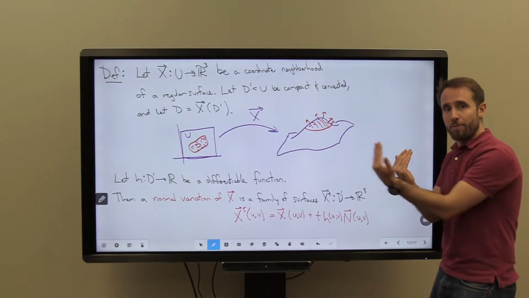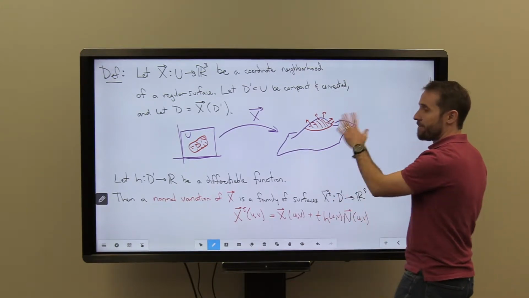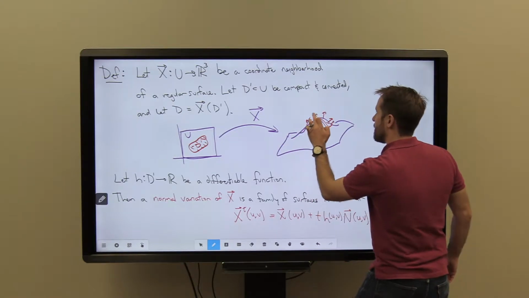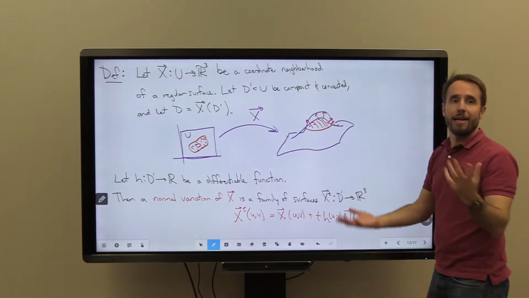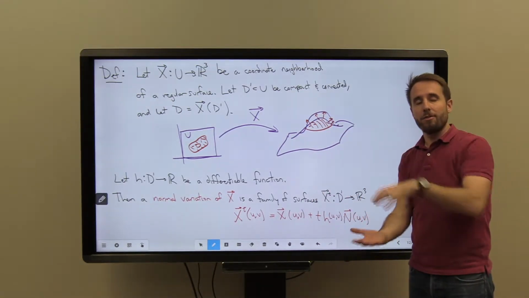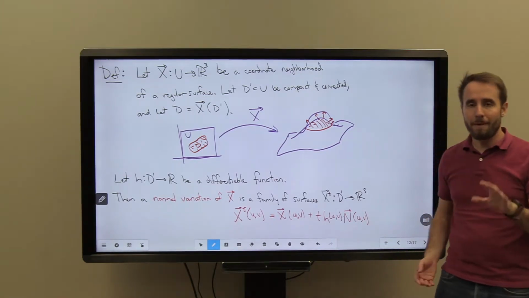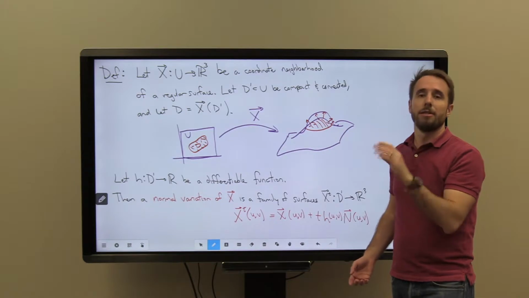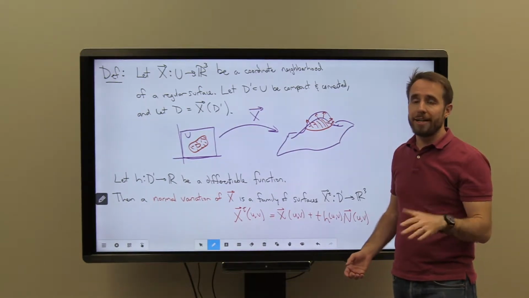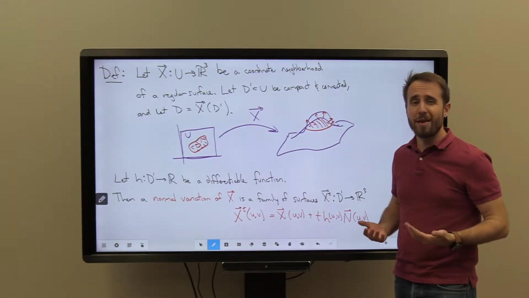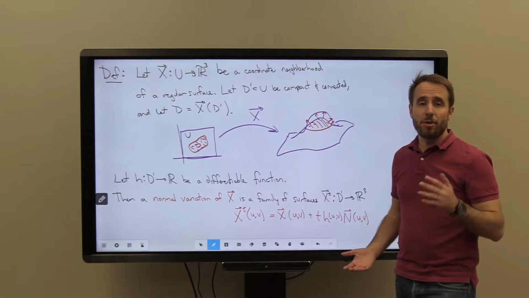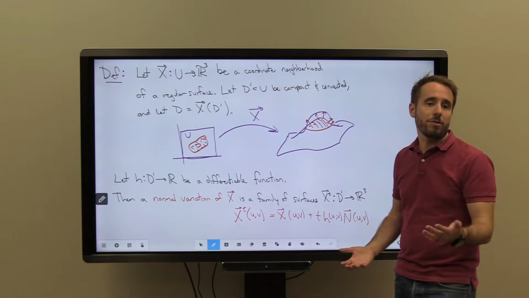So if I go just a little bit forward in time, I won't have this surface anymore, but I might instead have this surface, and that might have bulged out a little bit or something like that. As long as my t values are relatively close to 0, this will be a well-defined surface that is still a nice parameterizable surface. And so I can talk about it as its own surface.